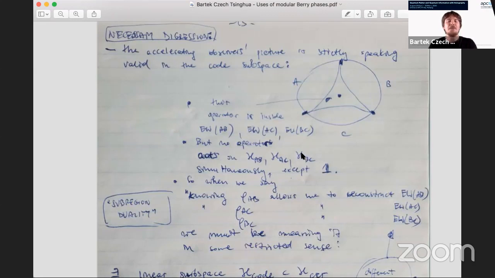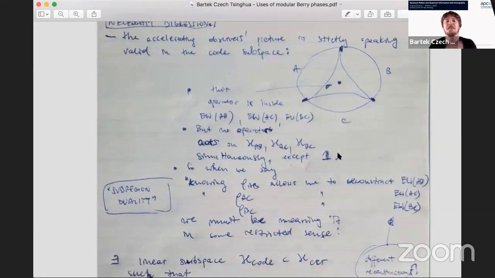There's no such operator. So either I'm acting on AB, that means that my action is trivial on C. If my action is trivial on C, then my action on AC is really bounded just on A. But if my action is just limited to A, then I have no action on BC. That's the statement I'm making here.